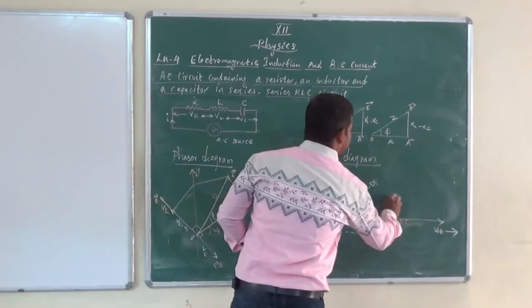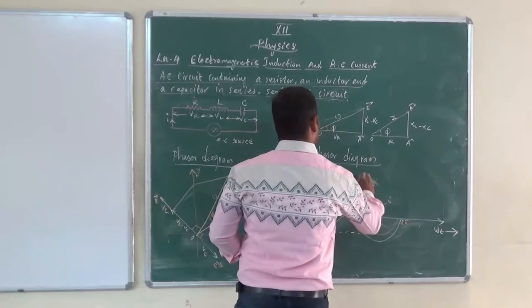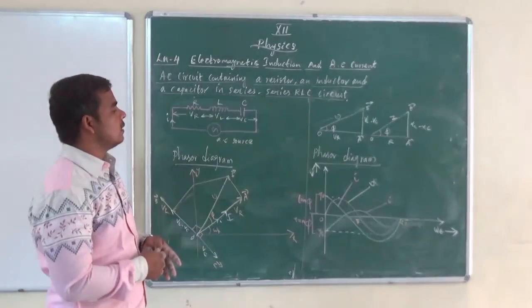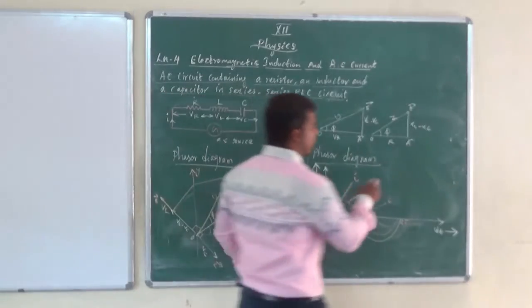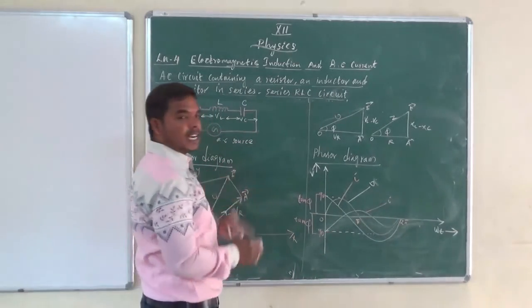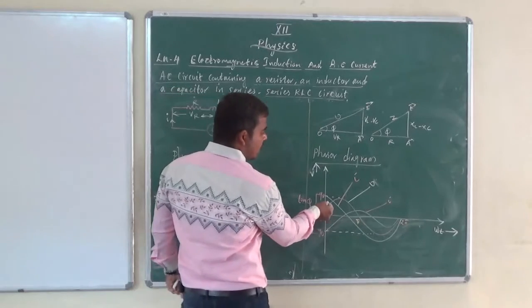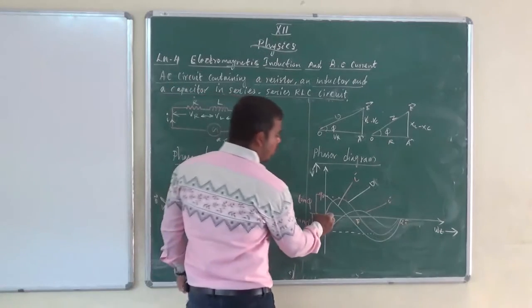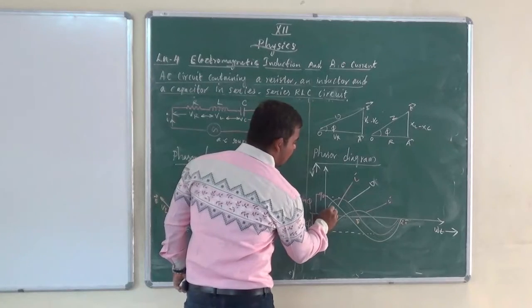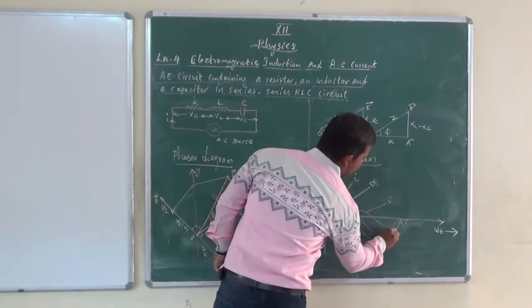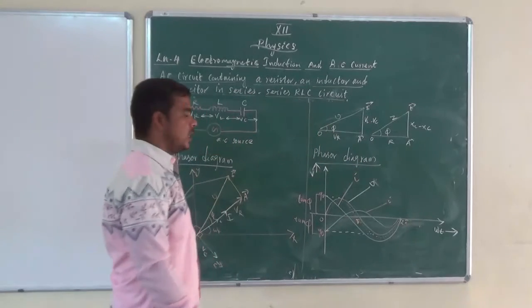So this is current and this is also current. In three components in the same circuit, how do voltage and current vary? First consider the resistor. Both current and voltage are in phase to each other.